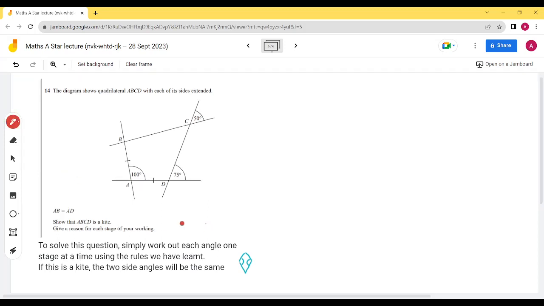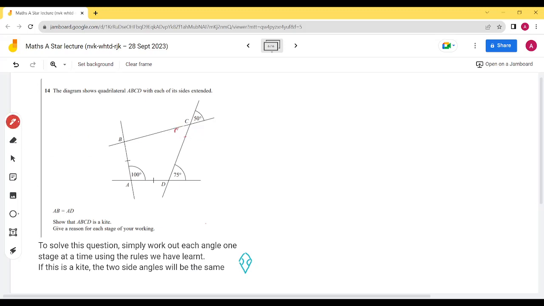There's a couple of angles we can work out here because we've got our top angle up here, which is vertically opposite. These lines are straight and they come from the same point, so these two angles are vertically opposite each other. So we can mark this as 50 degrees.